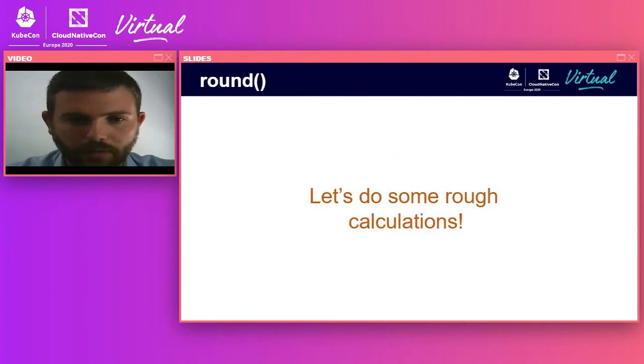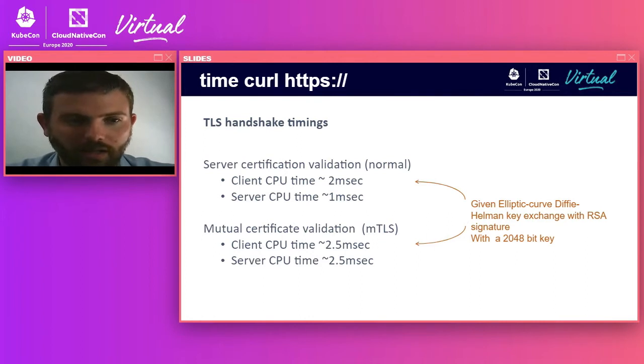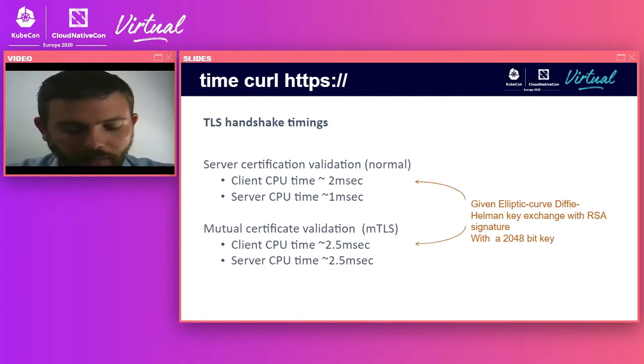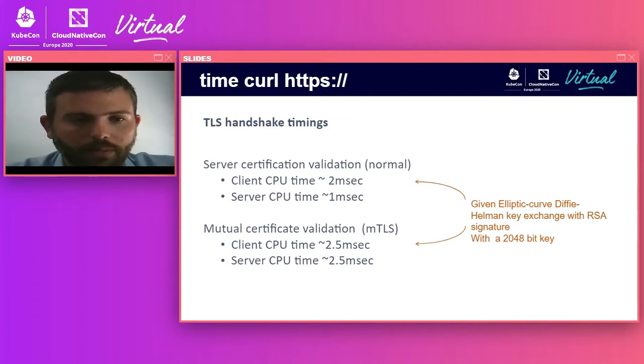And I started to do some bottom-up calculations to understand how much every part of the TLS takes and how much it adds to my existing application. Using both network capture and performance monitoring tools like perf, I've calculated rough numbers for the TLS handshake.